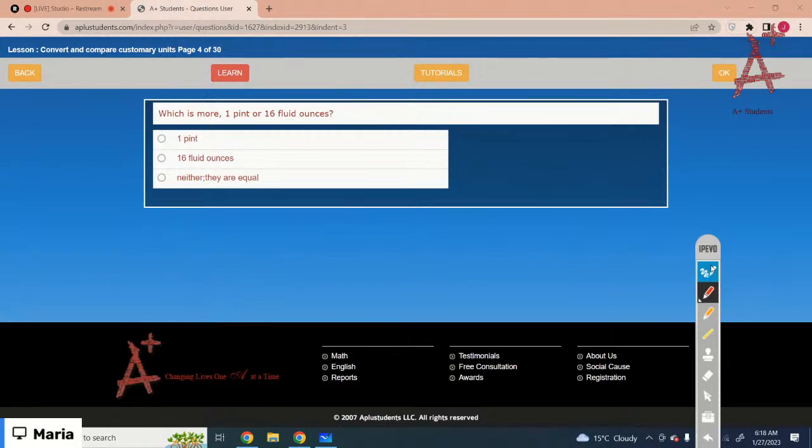Yes, they are equal. In 1 pint we have 16 fluid ounces. Got it? You have to compare 16 to 16 fluid ounces, so they are equal.